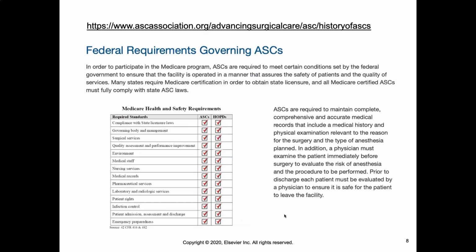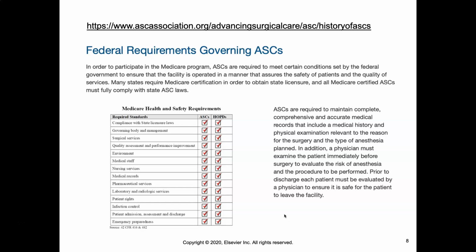So again, a lot of that is screening which patients really are good candidates for an ASC versus which ones are not. I wanted to include this slide as well because it shows side by side the required health and safety standards under Medicare for ASCs versus hospital outpatient departments, and they're identical.